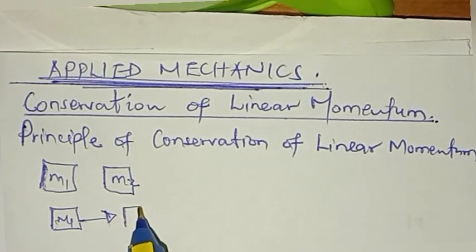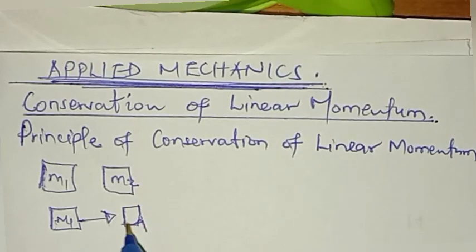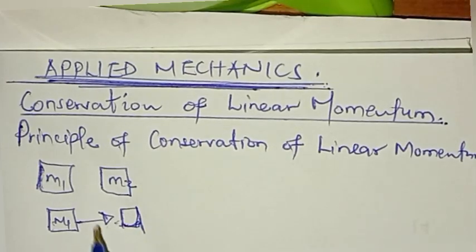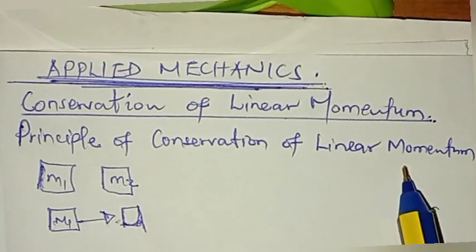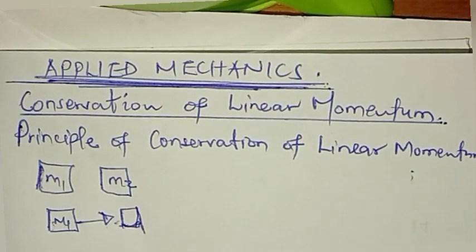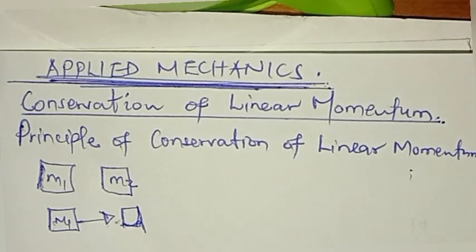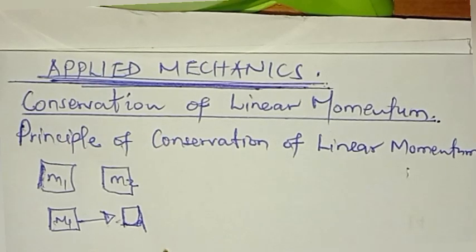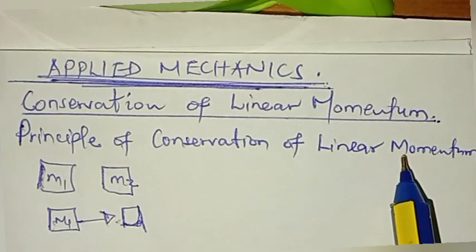When an obstacle hits it at this point, it may stop or it may change direction. So that is why the principle of linear momentum states that the momentum of a system of masses remains unchanged unless acted upon by an external force in that direction.